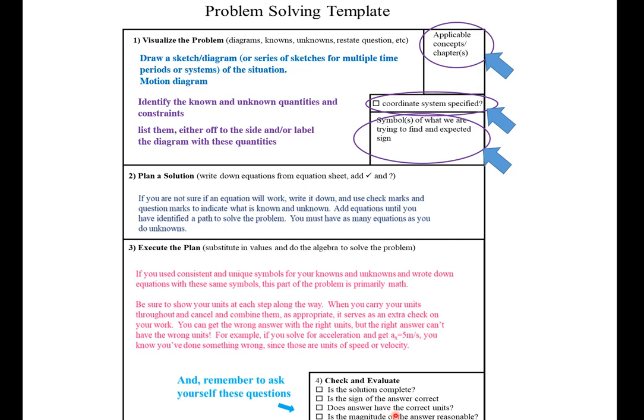And for this video, I focused on the questions that you're going to see in 1D kinematics. So just go back to your module 2 notes packet and look at the example questions.